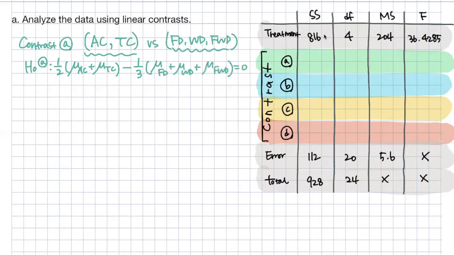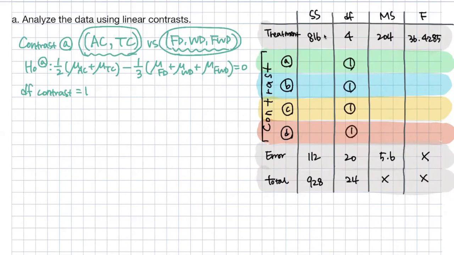Because we are comparing groups for a contrast, my degrees of freedom for the contrast is always 1, regardless of what kind of groups we are comparing.